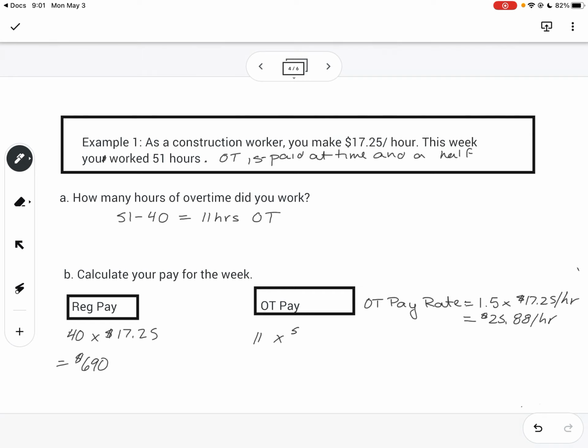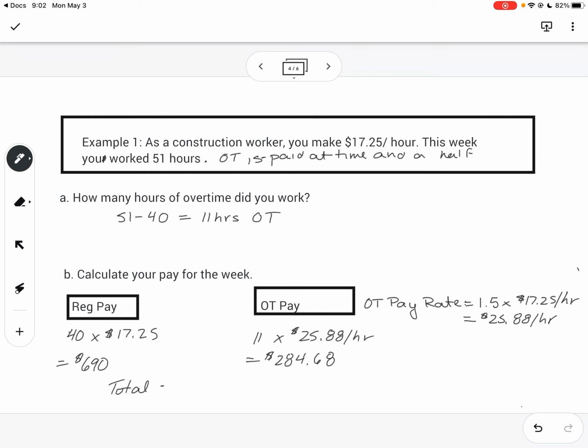So now that I have that rate, now I'm going to calculate my overtime pay. So 11 hours times $25.88 per hour. $25.88 times 11 is going to give me a total of $284.68 in overtime pay.